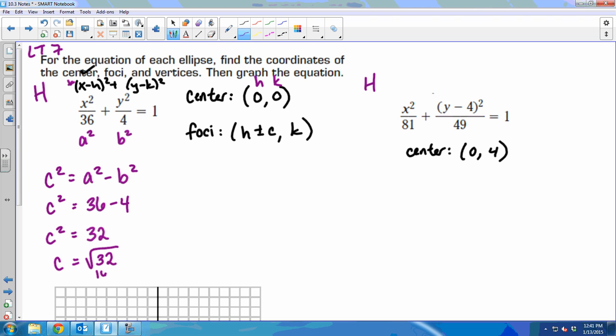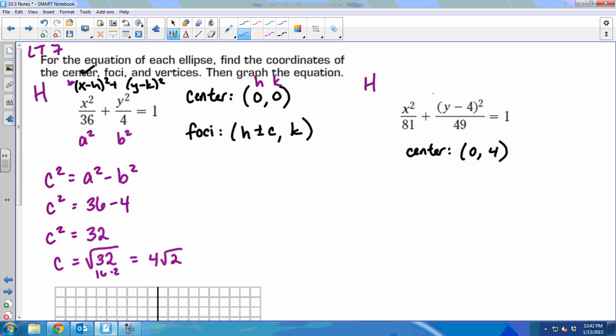That's 16 times 2, so that could also be 4 square root of 2. You can leave it to whatever you want. I don't care. You will always have c squared equal a positive number because a squared is always bigger than b squared, so you should always have a positive difference.